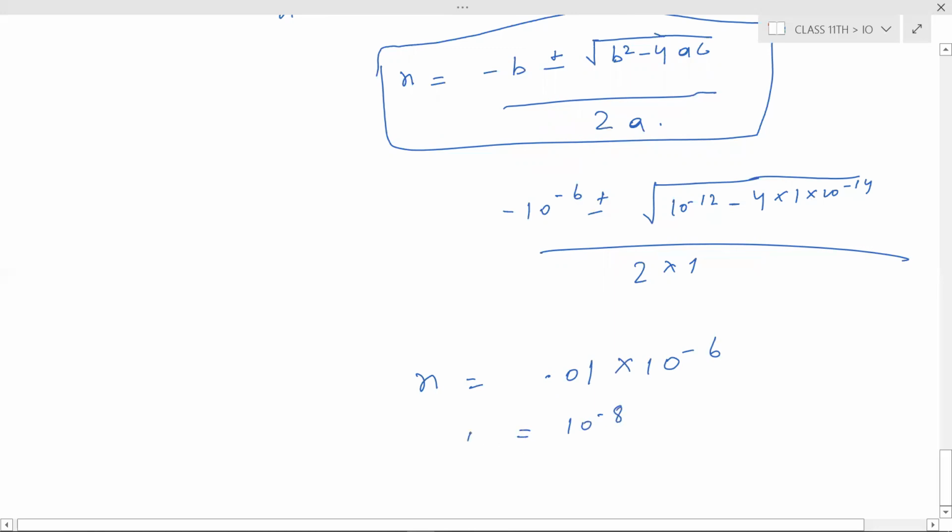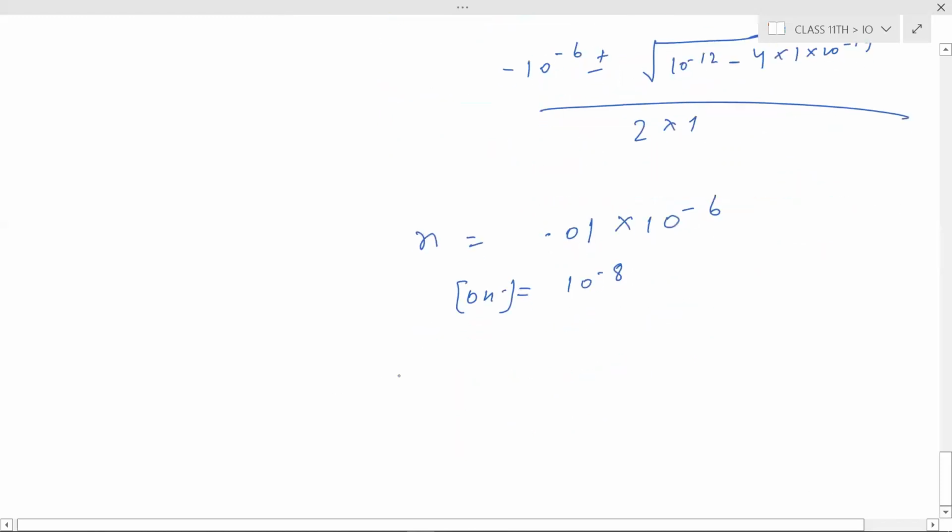So we got here the concentration of OH negative is equal to 10 raised to power minus 8. The concentration of H plus ions is 10 raised to power minus 8 plus 10 raised to power minus 6, which is equal to 1.01 into 10 raised to power minus 6. Okay, this is the concentration of H plus ions.